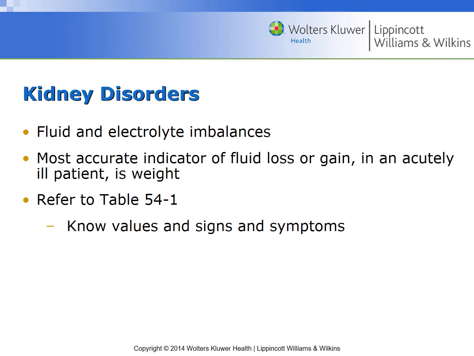So that can tell us about fluid loss and gain for sure. And if you look in your textbook on table 54-1, it'll give you several labs and things, signs and symptoms to look for. That's going to be important for you to take a look at, and it should be fairly familiar to you. So be sure to take a look at that.